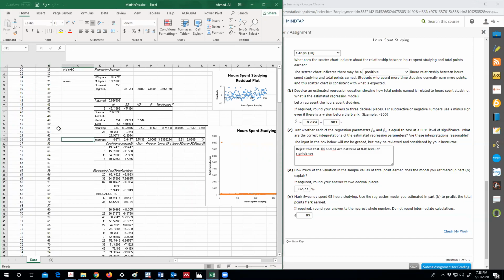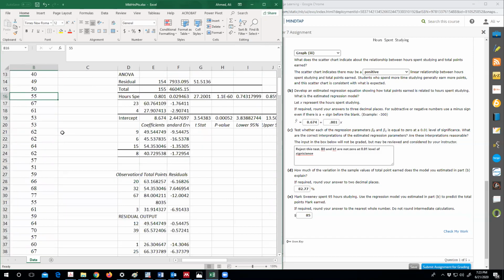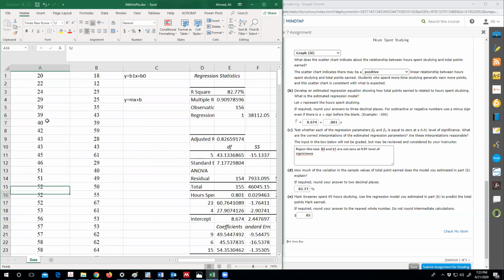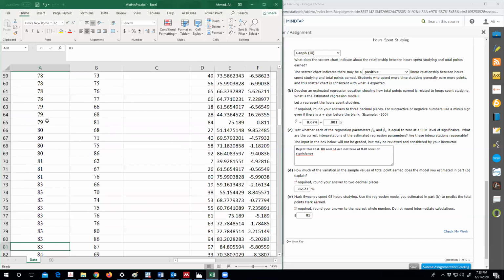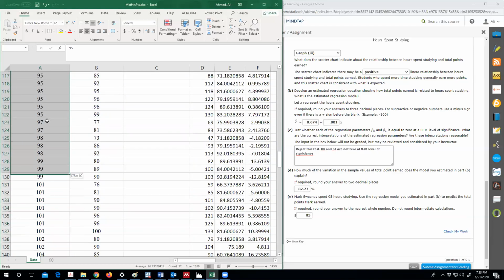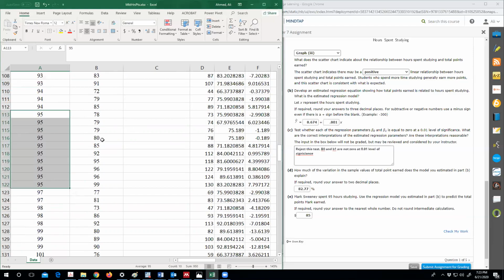Because we're done with the question, it does not really matter. So there is 95. At 95 hours, there's a whole bunch of numbers. Some students got 99, some got 78, 79.